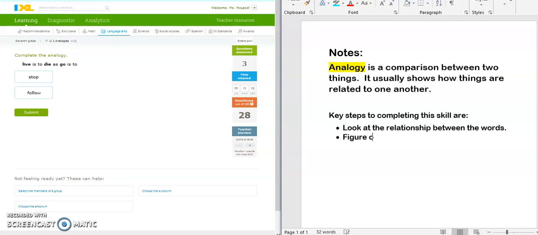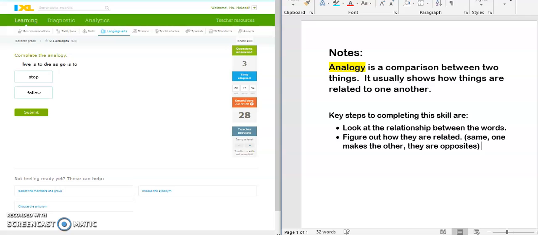Figure out how they are related. So are they the same? One makes the other. They are opposites.